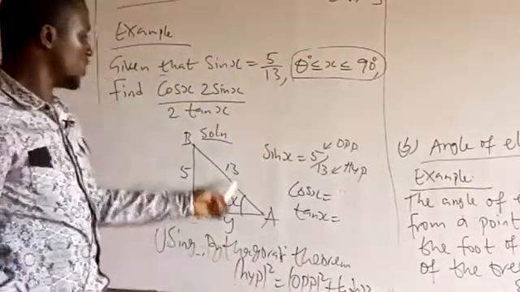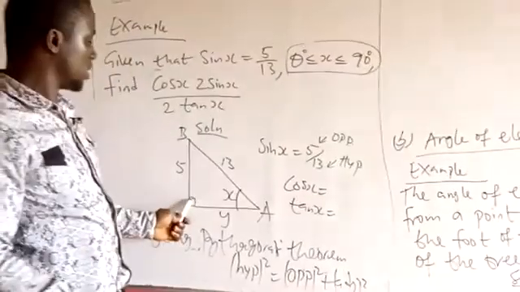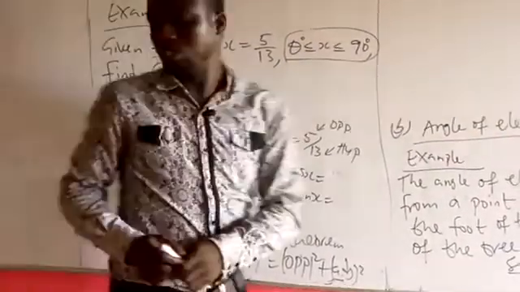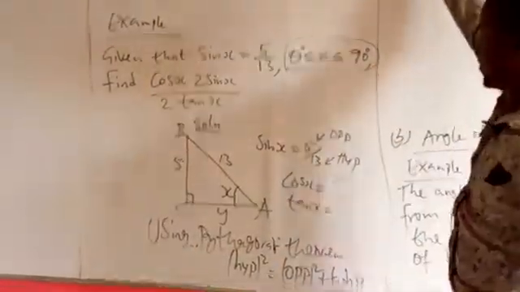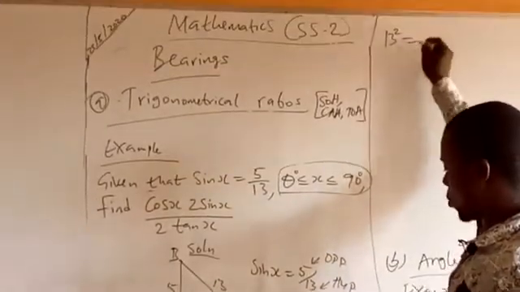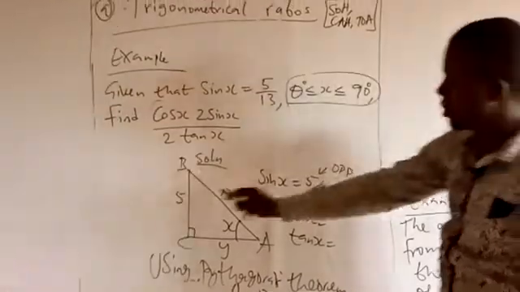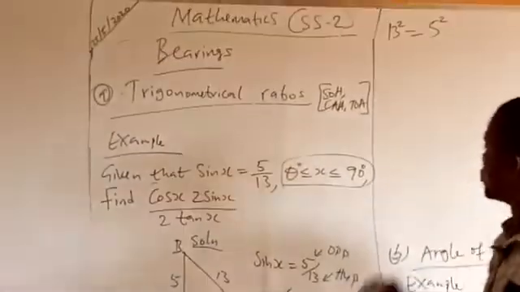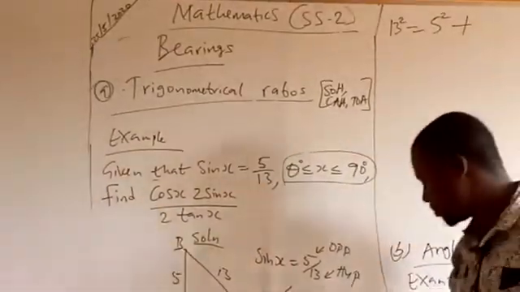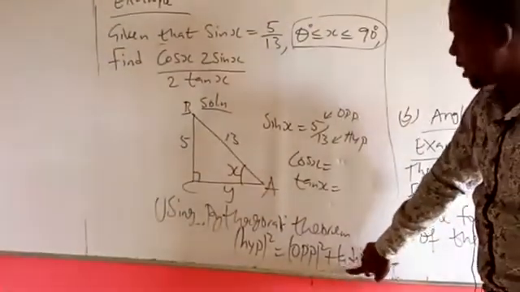The hypotenuse is given to us as 13. So quickly, 13 squared equals our opposite, 5 squared, plus our adjacent, which is unknown.